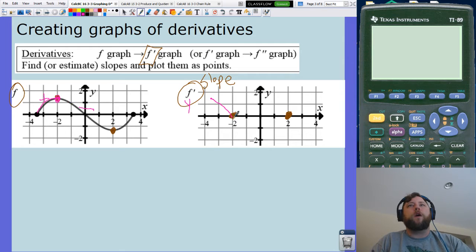So I know my f prime graph is all going to be negative y values, and it's got to get to this point, so maybe it does this. And then over here, the slope is positive, so I know my f prime is going to be positive y, so maybe it does this. And so here's a rough sketch: this is f, and this is f prime.